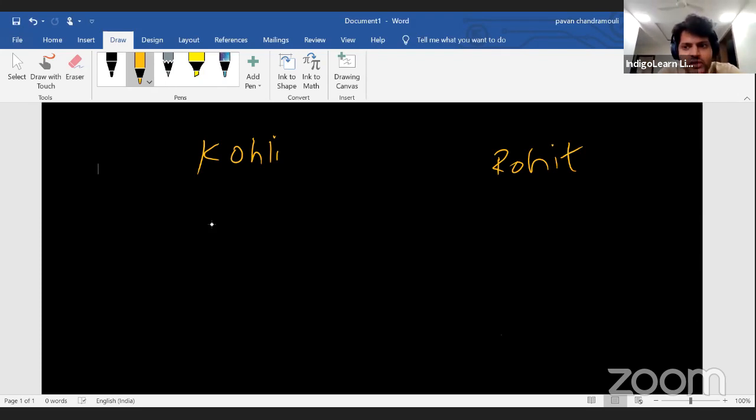Okay, so let's assume we have some data, guys. The data tells that in finals of major cricketing tournaments, let's assume both these cricketers have participated. Kohli has participated in 20 major finals, and Rohit has participated, let's say, in 25. So these are the number of matches they have played in terms of finals.